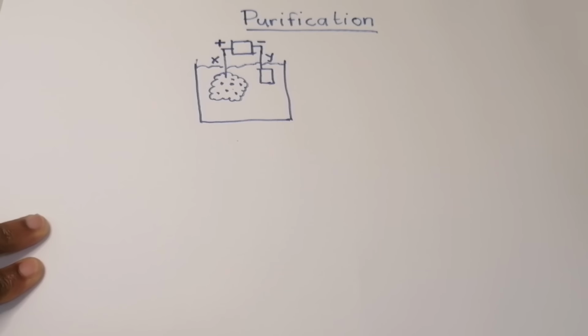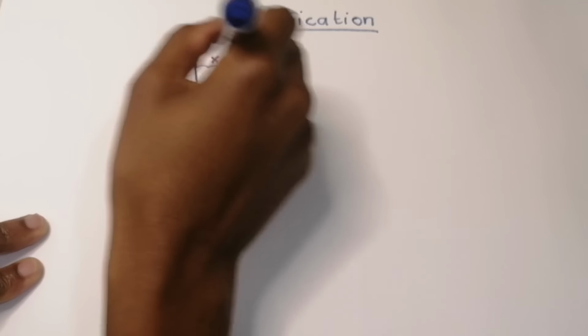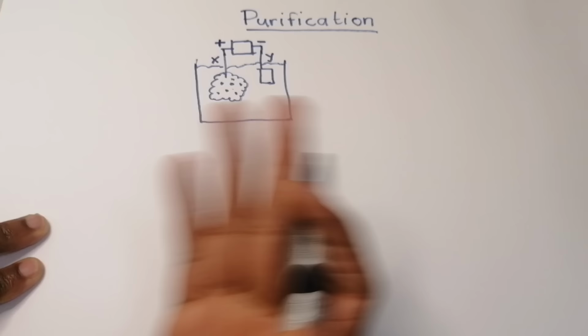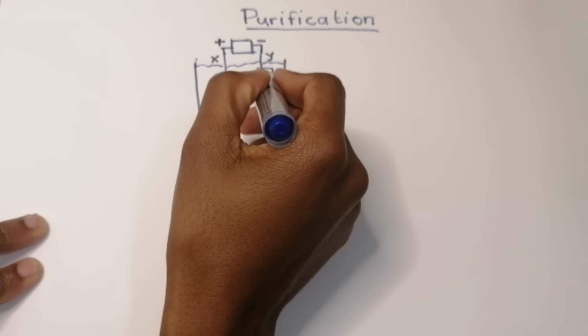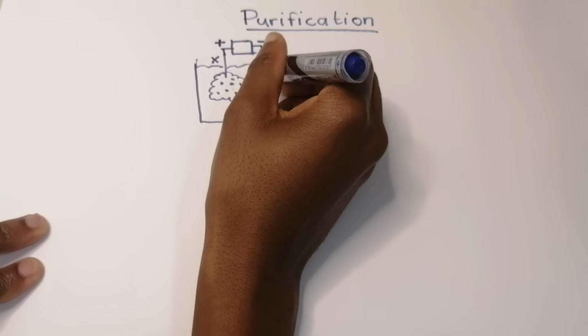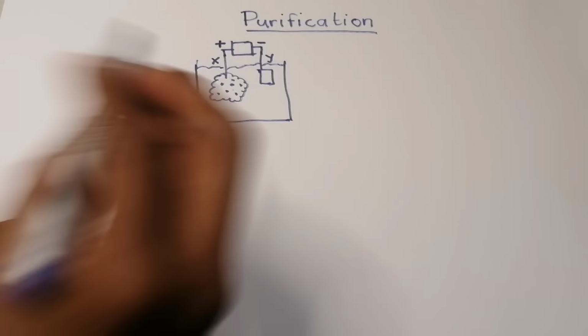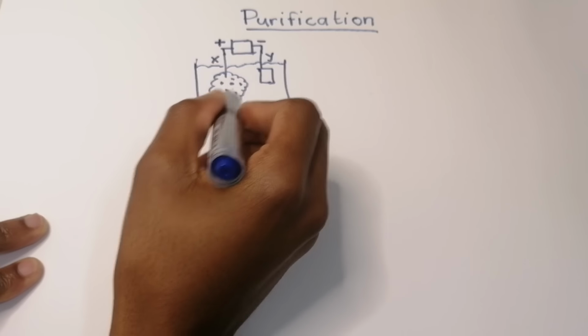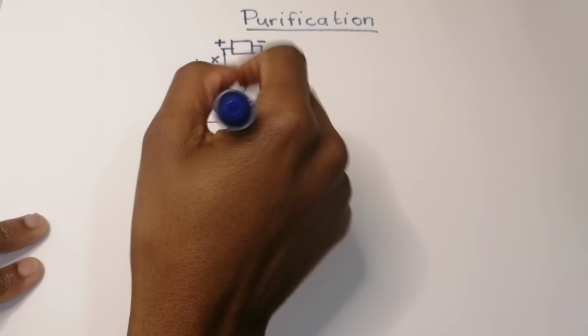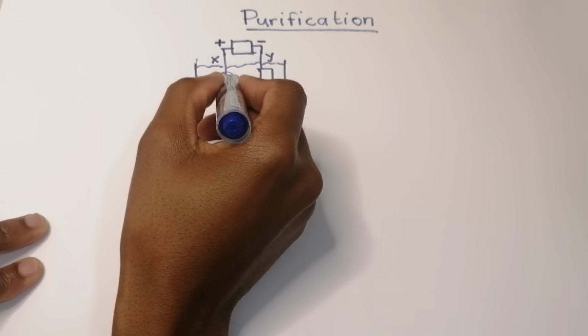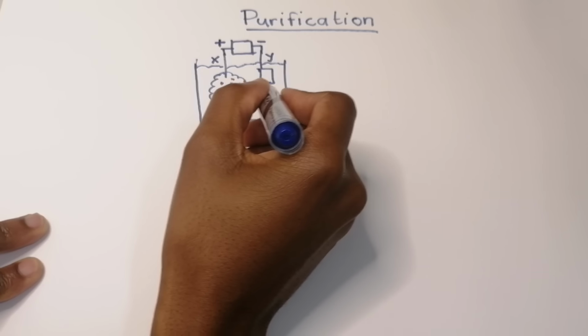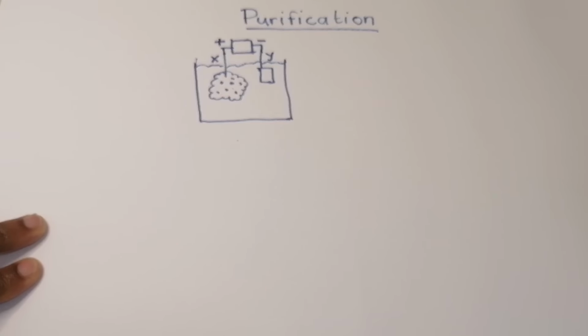So on the positive side, that's the one that I want to break down. On the negative side, that's the one that I want to form, to purify in a sense. So I want the impure particles to fall away. I want the silver particles to move from here and go there.